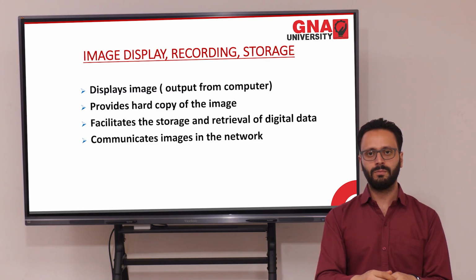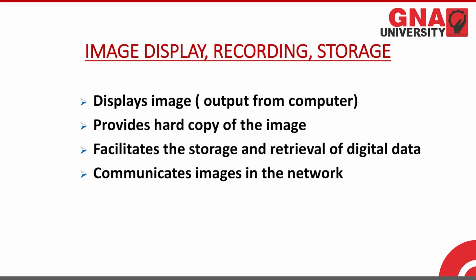Now, the last component of CT instrumentation is image display, recording, and storage. Image display is simply the output from the computer which we get on the monitor. In the next step, we have to provide a hard copy to the patient. Then we have to facilitate the storage and retrieval of the digital data, and we also have to communicate the image within the network.